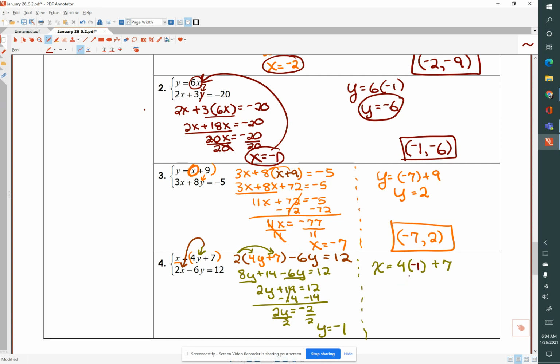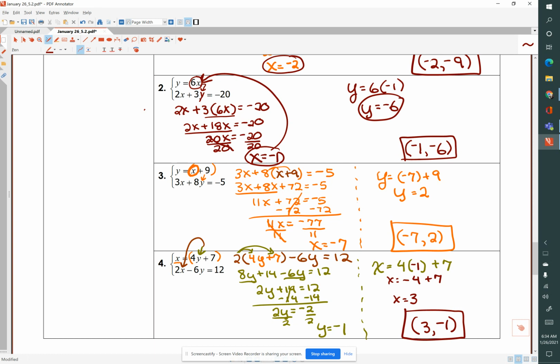And I just evaluate. 4 times negative 1 is negative 4 plus 7, and x equals 3. So our ordered pair, our solution to this system of equations is 3. Remember, we solved for y first, so 3 goes in the x spot, and negative 1 goes in the y spot. 3, negative 1, and that's our solution.